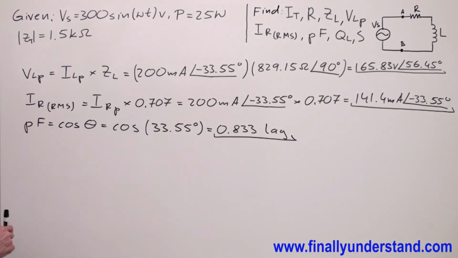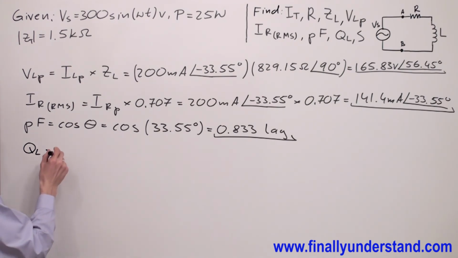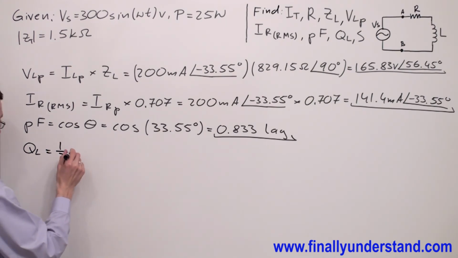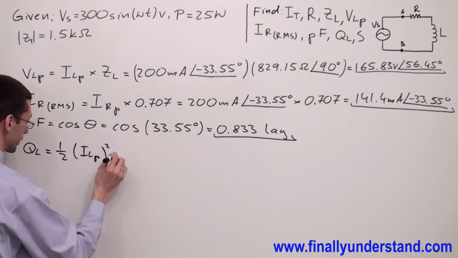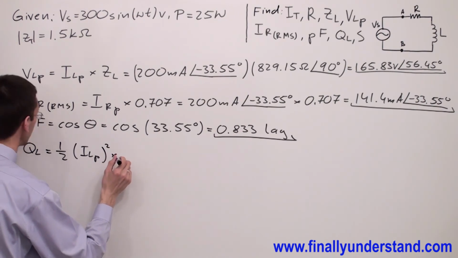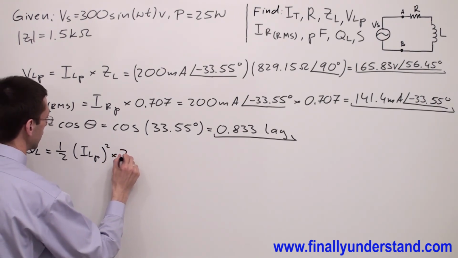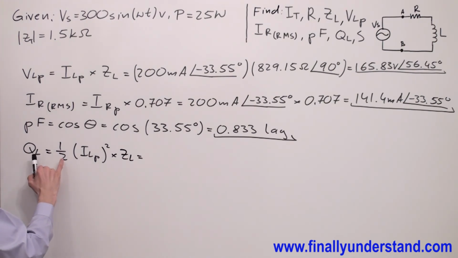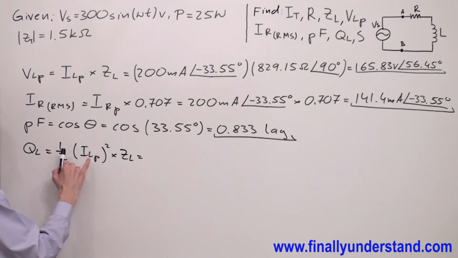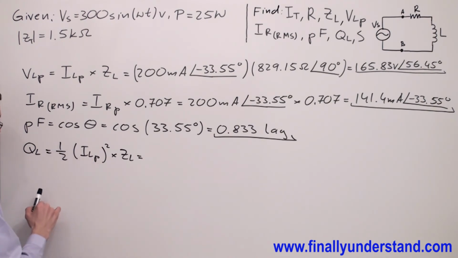Next, we're supposed to find the reactive power, QL. QL is equal 1/2 IL peak to the second power times ZL. One more time, we're supposed to use 1/2 when we're dealing with the peak value of current.